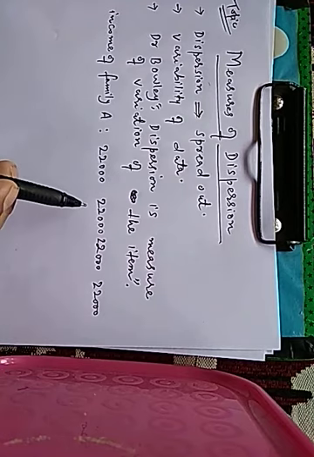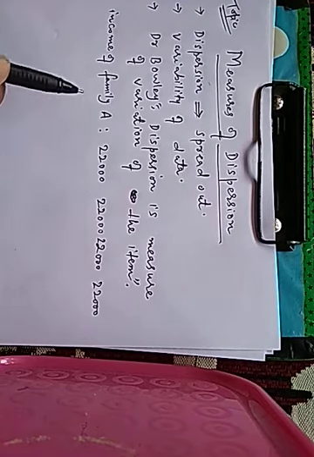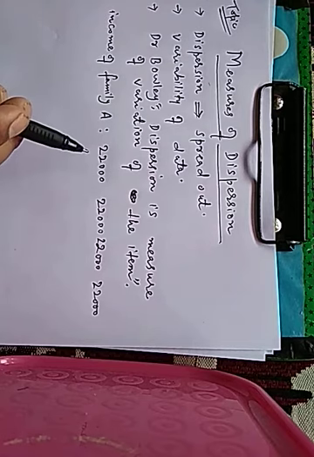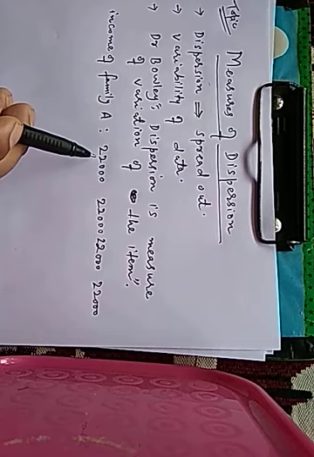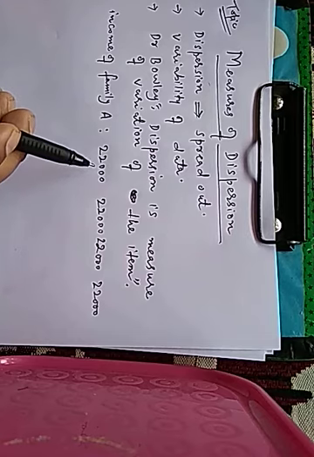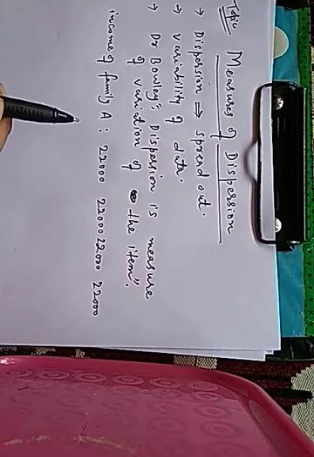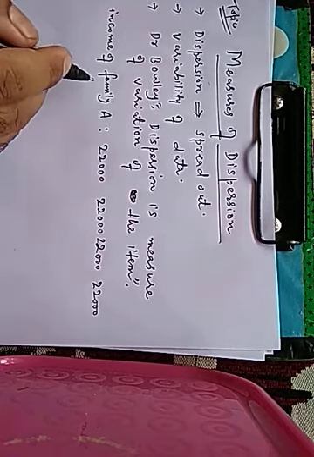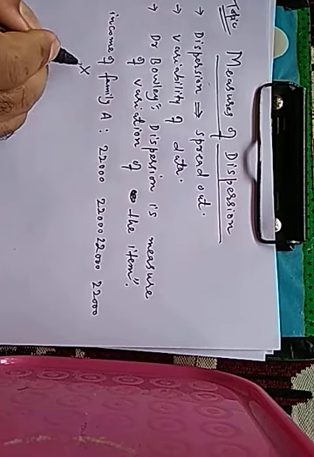Suppose there are family members in family A who earn per month income 22,000 each.